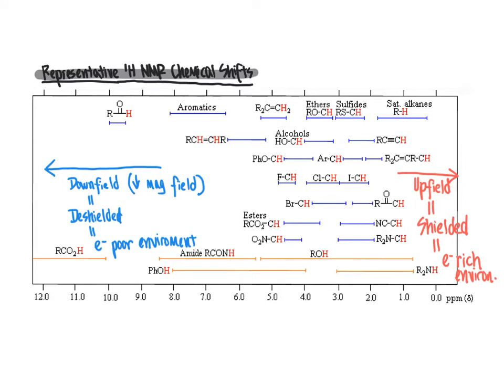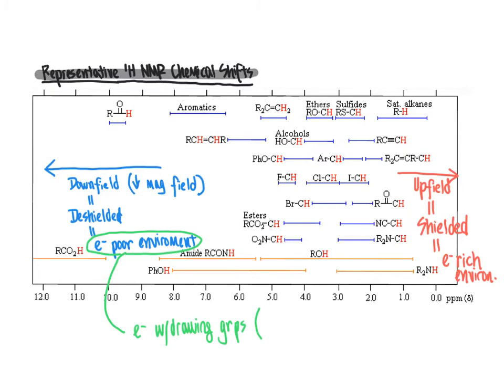And when we think about whether the environment a proton is in is electron-rich or electron-poor, when we think of an electron-poor environment, what we are generally thinking of is that there are electron withdrawing groups nearby. Remember that electron withdrawing groups can be electron withdrawing by induction, or they can be electron withdrawing by resonance.